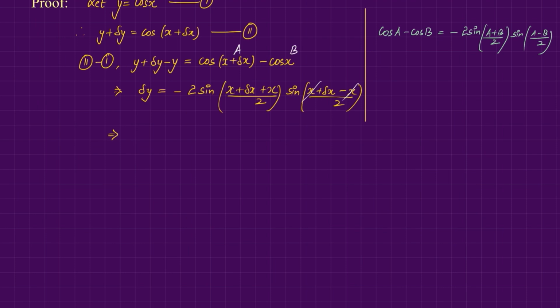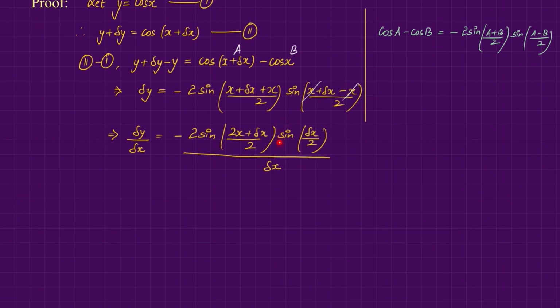Let me divide both sides by delta x also. So it will be delta y over delta x equals minus 2 sine, see x plus x will be 2x here, so sine of (2x plus delta x) by 2 into sine of delta x by 2, whole divided by delta x. I will write this portion together and this portion separately.